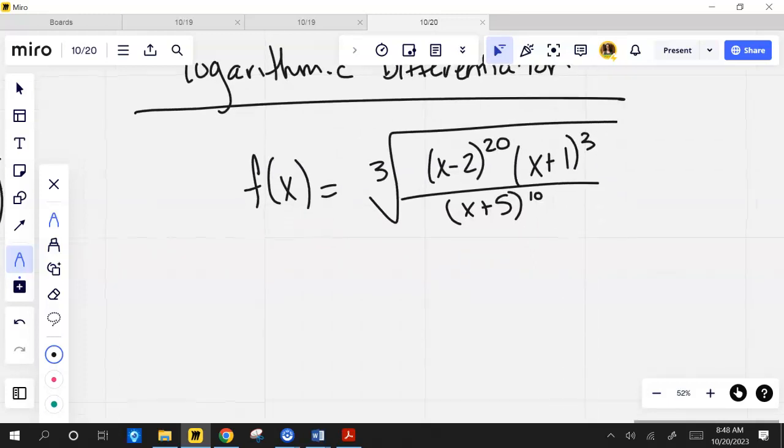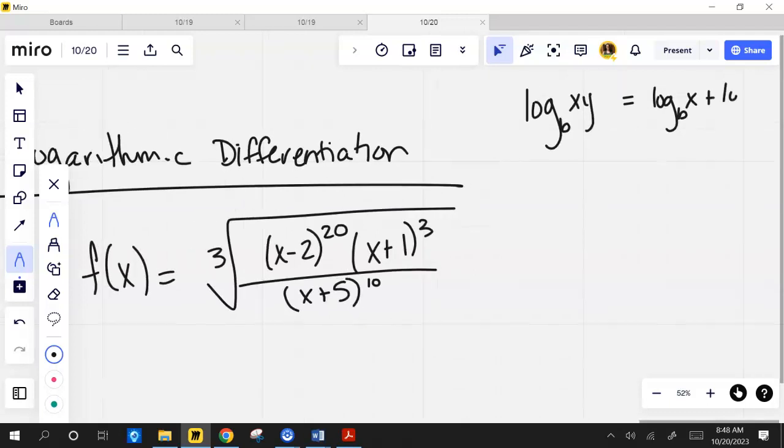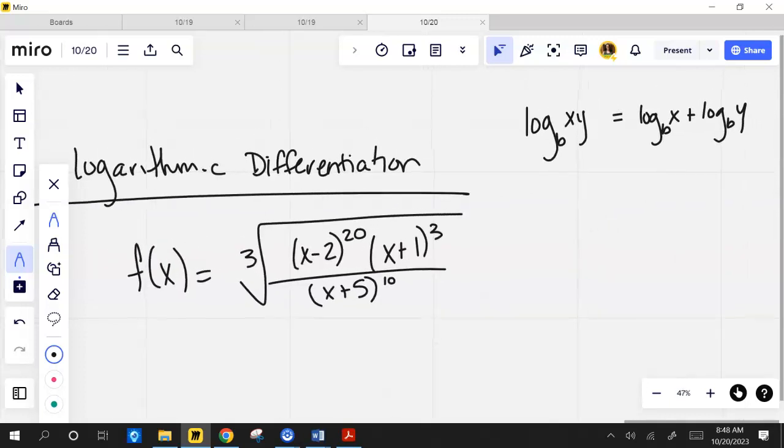But let me show you what logarithmic differentiation does. Now you have to remember these log properties, so let me just run through those real quick over here to the side. Let's say x times y is the same thing as log base b of x plus log base b of y. Y'all don't remember these?